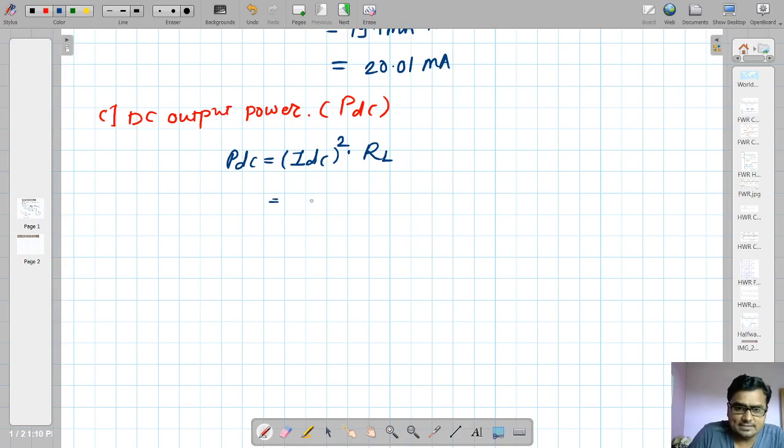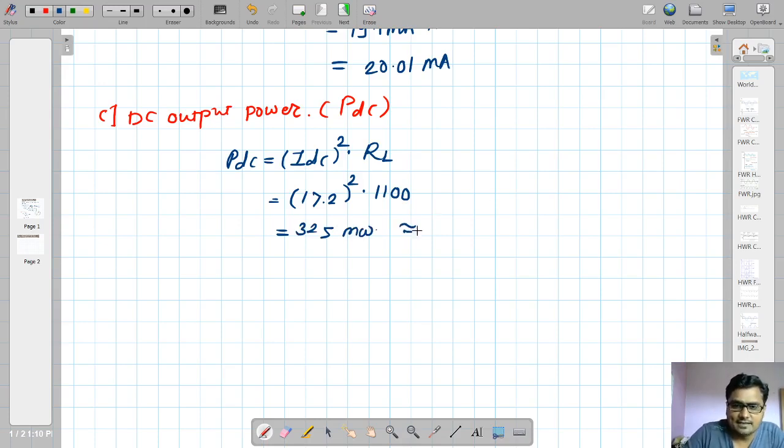We have calculated it, 17.2. So 17.2 squared multiplied by the value of load resistor, 1100. If I calculate it, I'm getting PDC equal to 325. What will be the unit then? It is milliwatt.